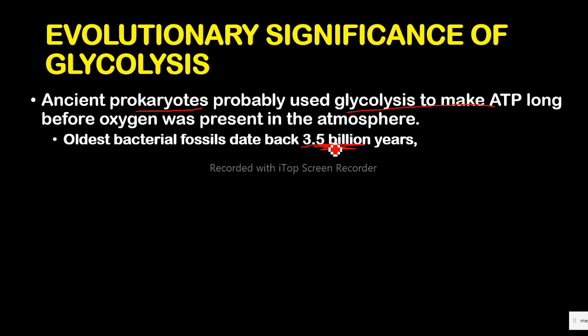Whether oxygen is available or not, it will proceed. That's why when you start sprinting and you can no longer supply enough oxygen, you resort to glycolysis. It just takes place within the cytoplasm of a cell, and it doesn't need oxygen to take place. So this is of good evolutionary significance, to explain that evolution really took place.